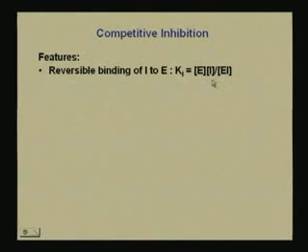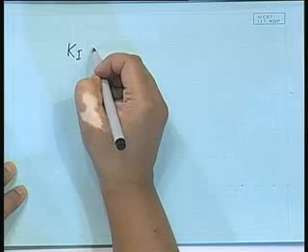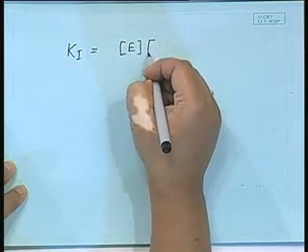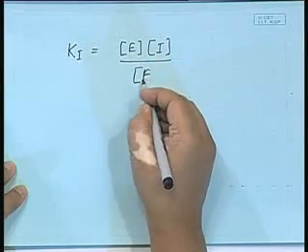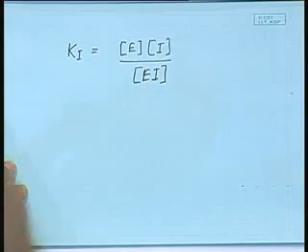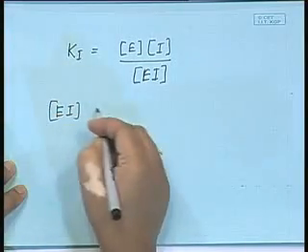So what complex am I talking about? Is this an association or a dissociation? I am saying that a Ki is an EI dissociation.